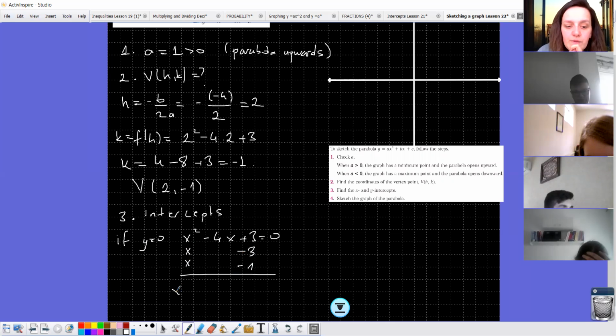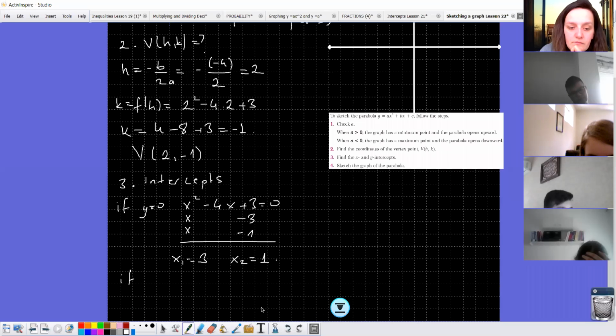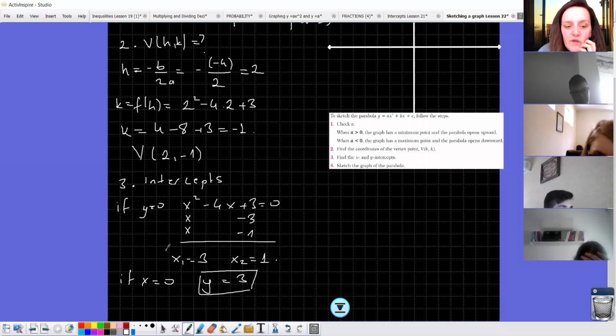Okay, so x will be 3 and 1. These are the x-intercepts. For the y-intercept, if x is equal to 0, y will be directly, you can see from here, 3. Now we have all the things that we need to find.